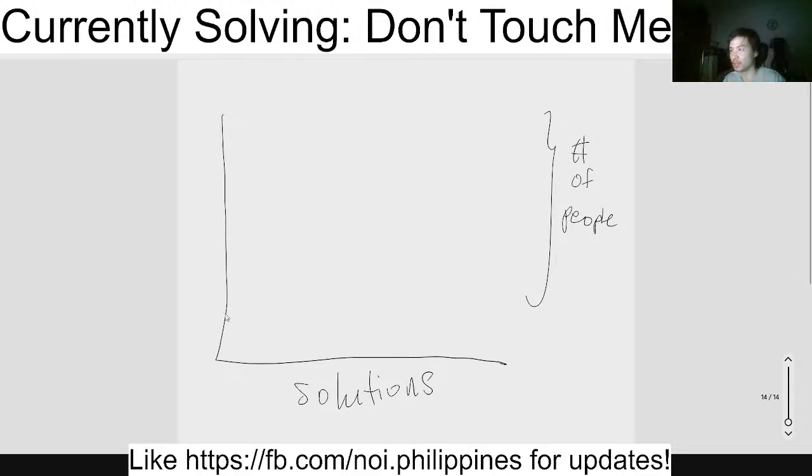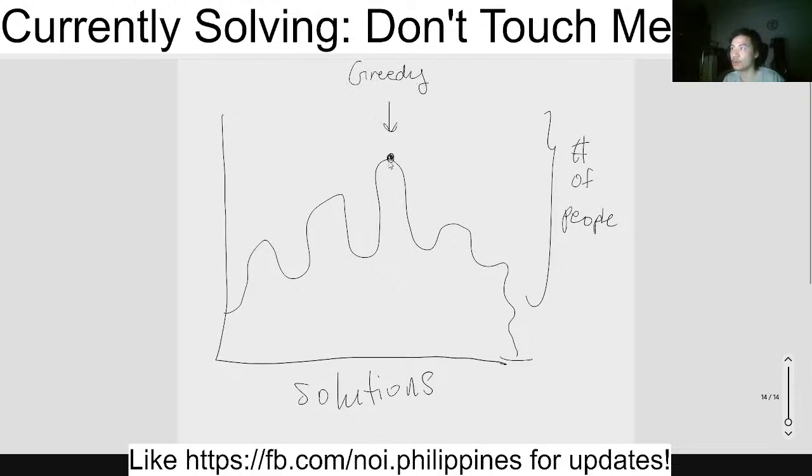So maybe the space of solutions looks like this. There are going to be some solutions where you cannot serve that many people, and then this is the optimal. So what I'm saying is, how do you know that the greedy is up here? Well, you start with some random solution.